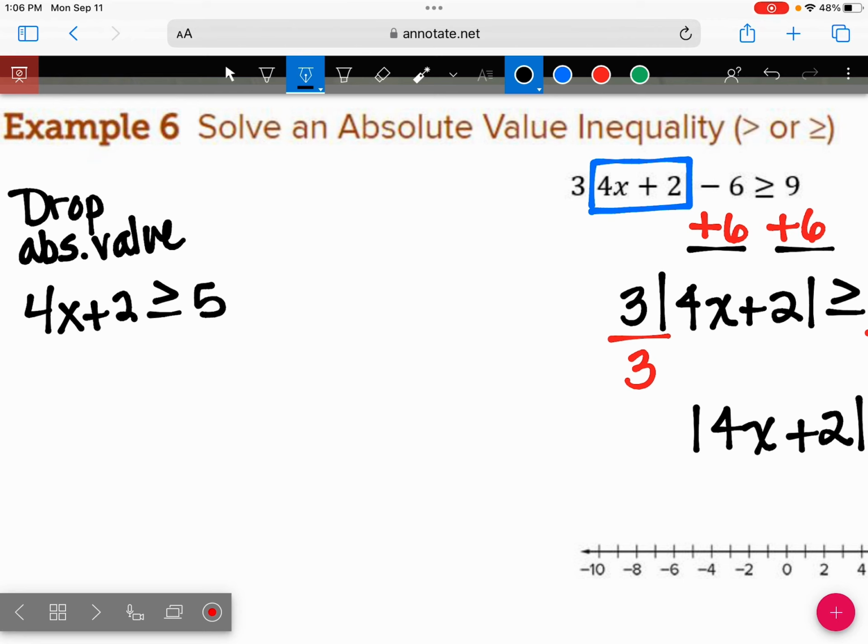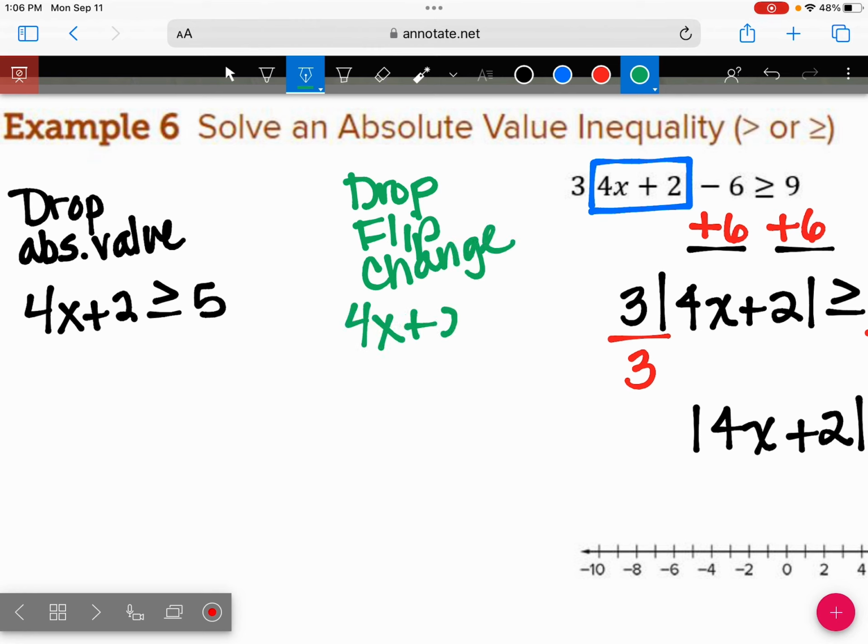But for my second one, I'm going to drop the absolute value, flip, and change. I do a drop, flip, change. So it's 4x plus 2 is less than or equal to, see, I'm flipping my inequality to a less than, and then make your 5 a -5. So you have to do 3 things to the second one. So now we're ready to solve it out.